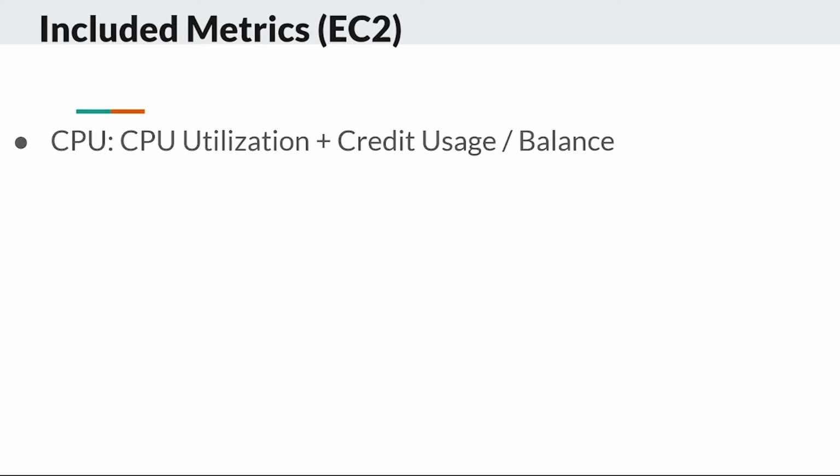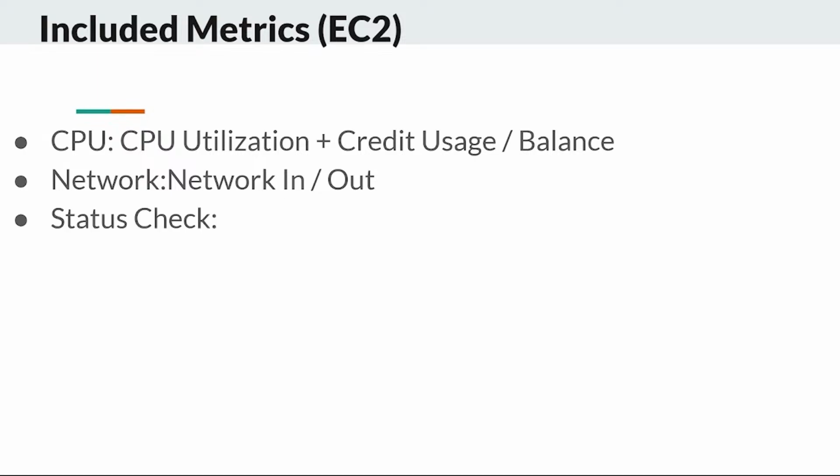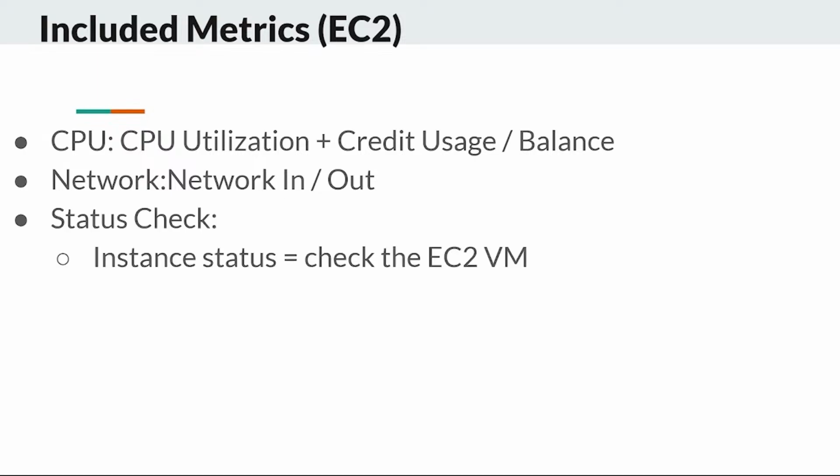Next is CPU utilization plus credit usage and balance. This is the first metric provided to you by AWS. You can check your CPU utilization, your credit usage, and credit balance that is used for burst. Network in or network out, everything will be provided by AWS. Next is status check: instance status checks the EC2 VM, your virtual machine, whether it is working correctly or not.